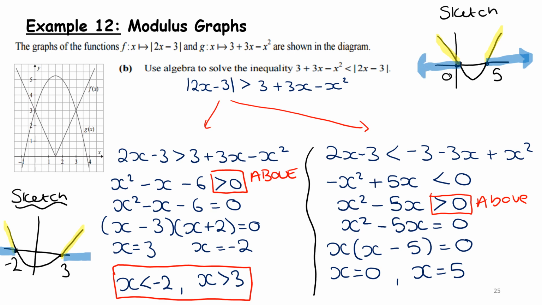This means we have x is greater than 5 and x is less than 0. Now we have 4 answers, but not all 4 are going to be valid. Well, not really even valid, but some of them kind of overwrite others.